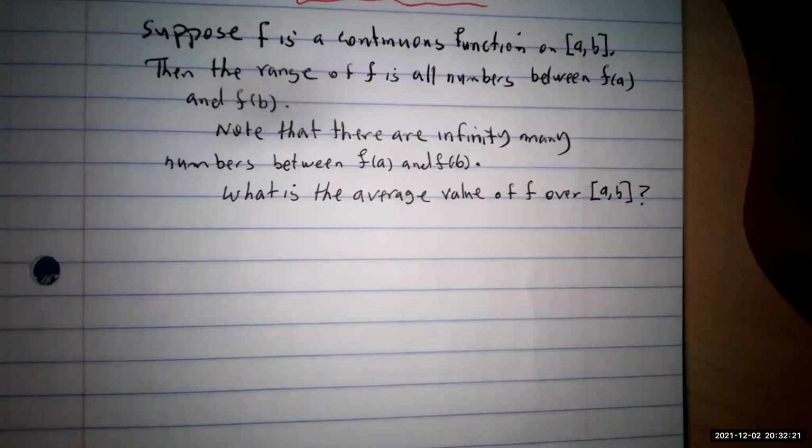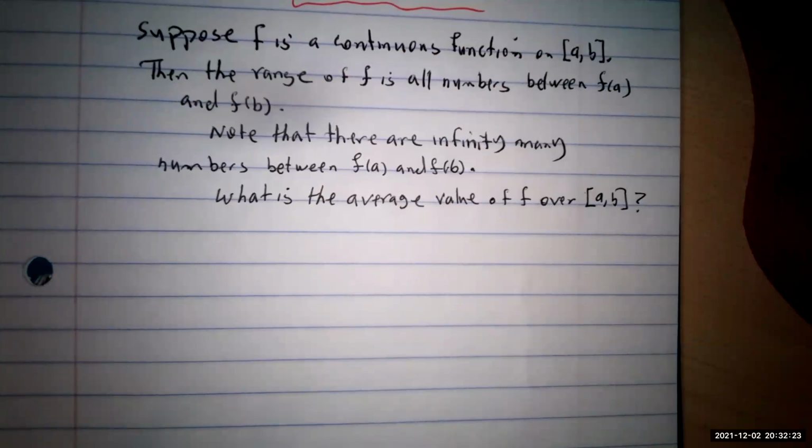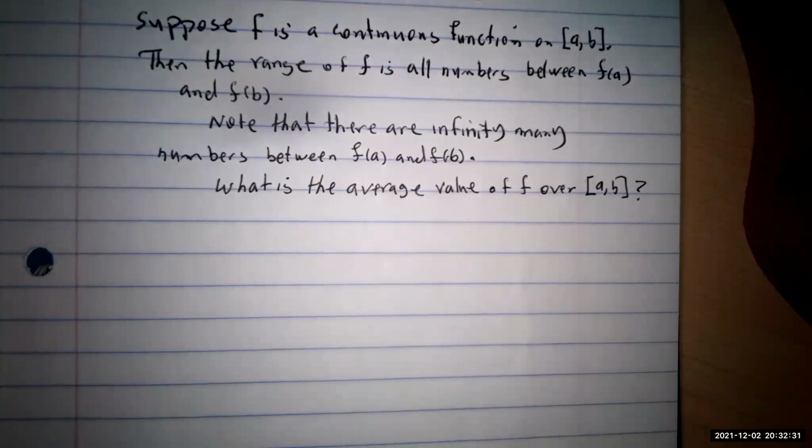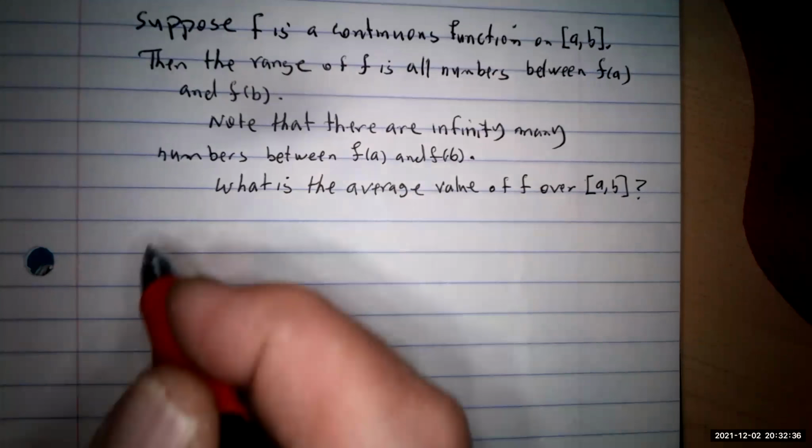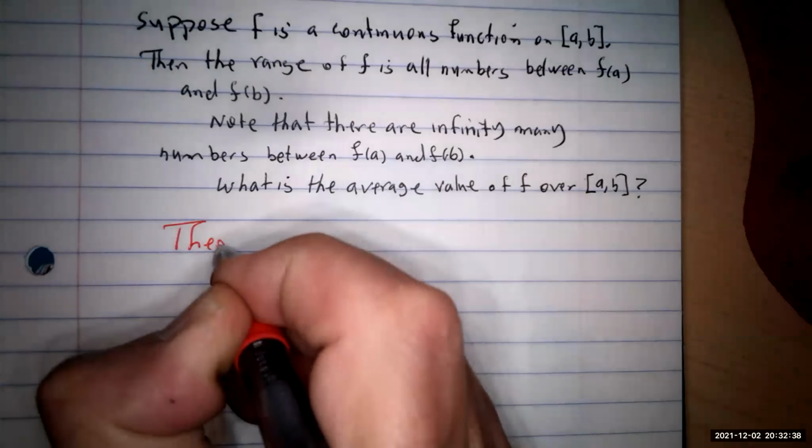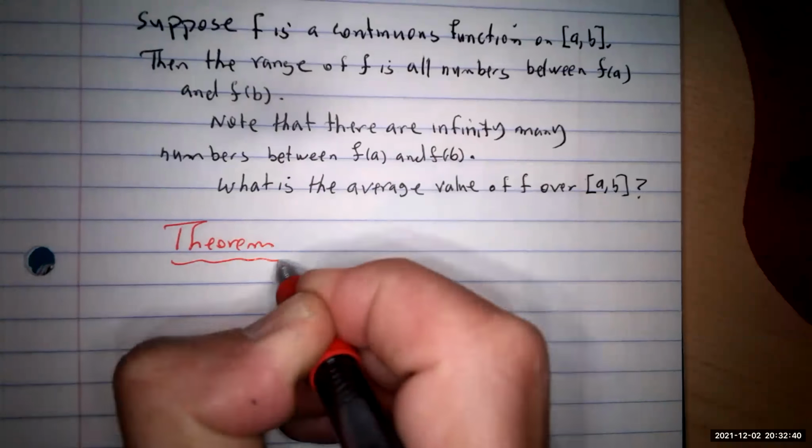What we are going to do is change it to something like the partitioning that we did for the integral. It can be proved, but I'm not going to prove it for you. So I just give you this one as a theorem to get that average value.